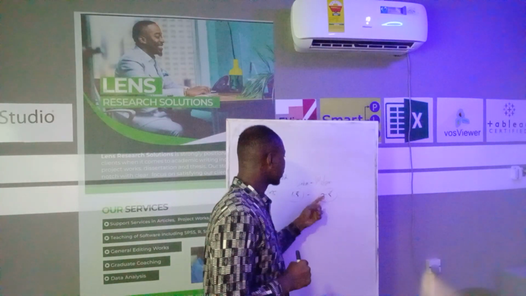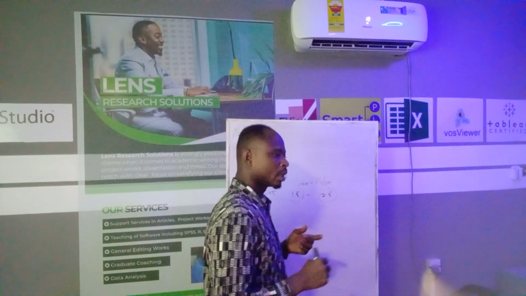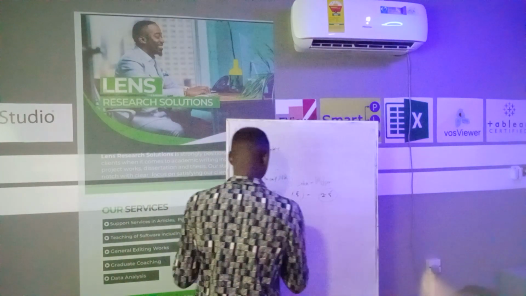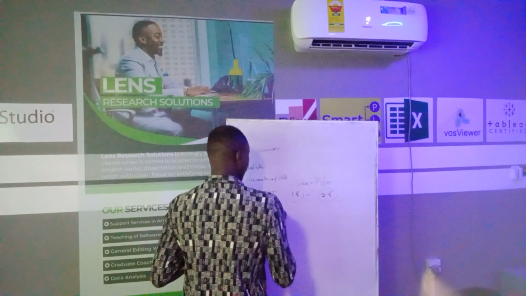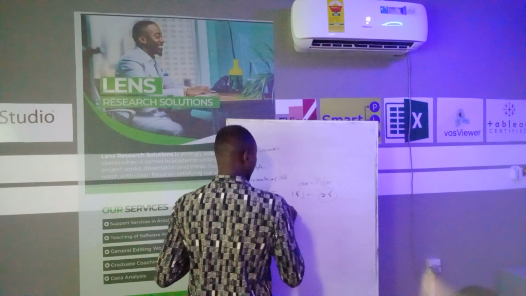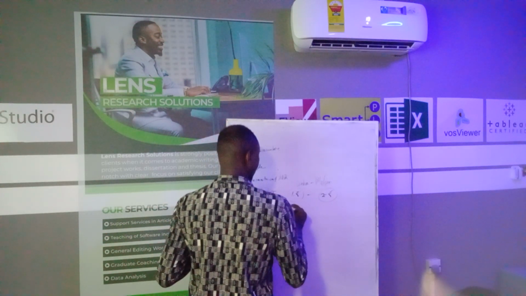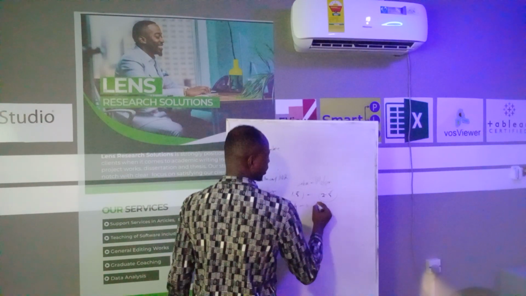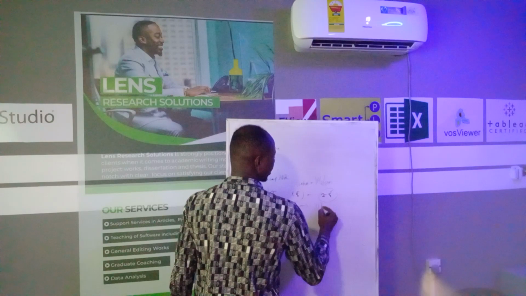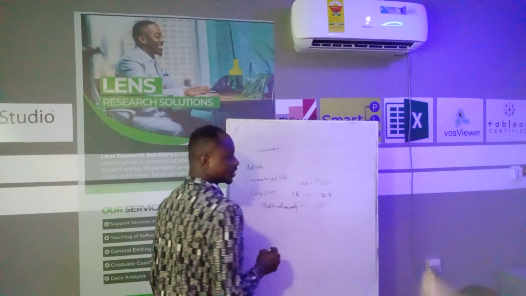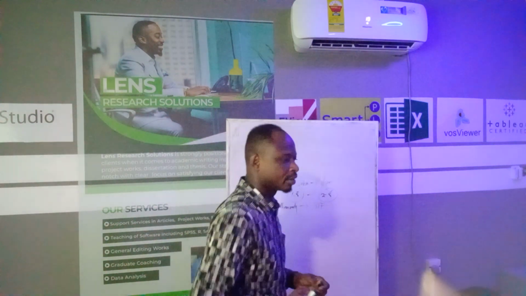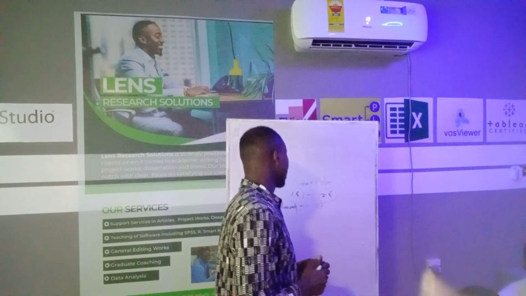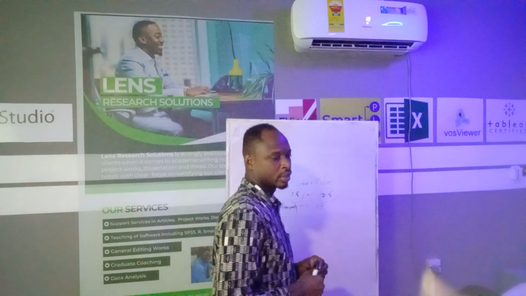Another important assumption that you have to test under the multiple regression is that there should not be multicollinearity. Multicollinearity is measured by what we call the VIF, variance inflation factor. Okay.